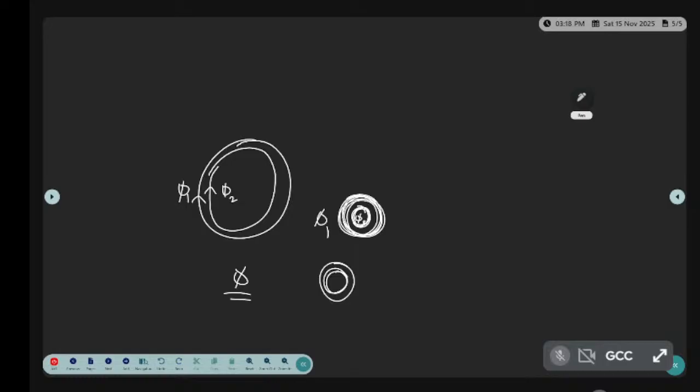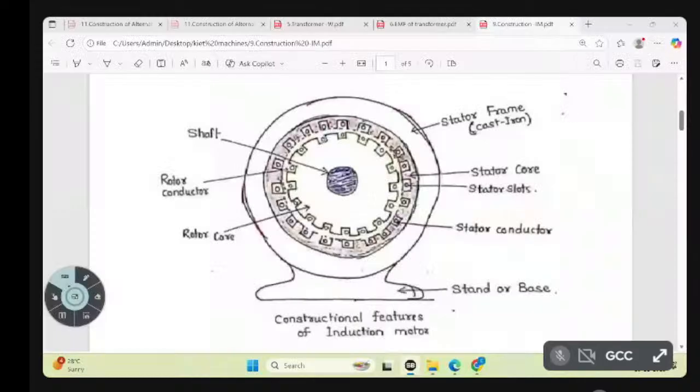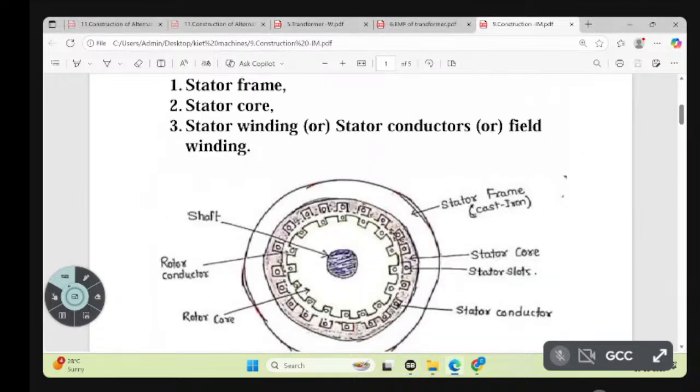Because of the interaction of these two fluxes, established by the stator and by the rotor, the rotor will start rotating.